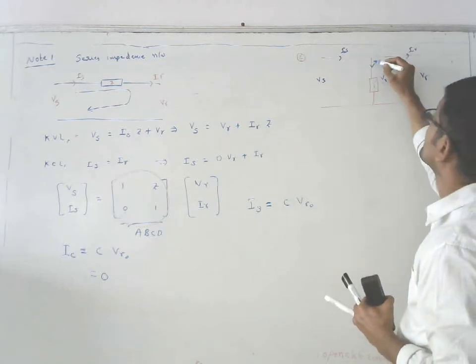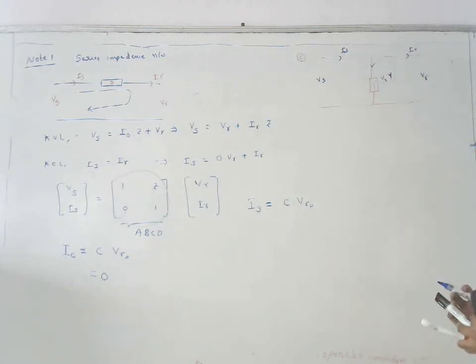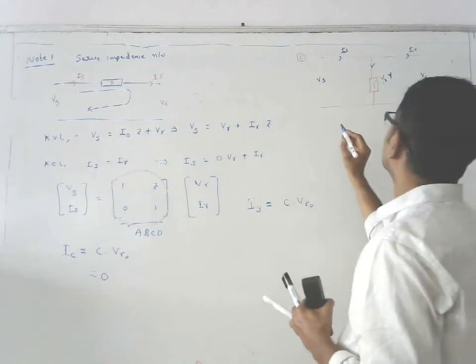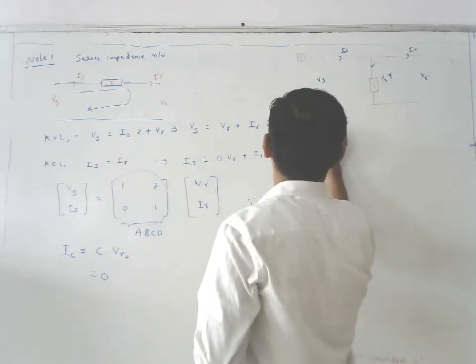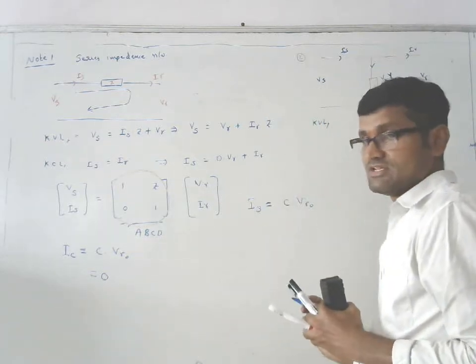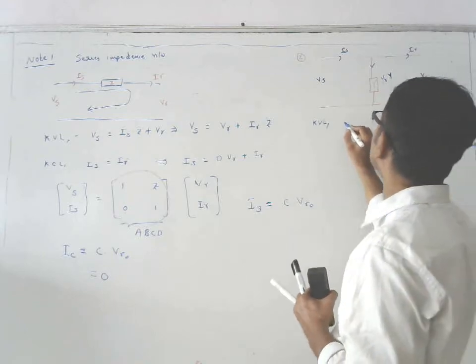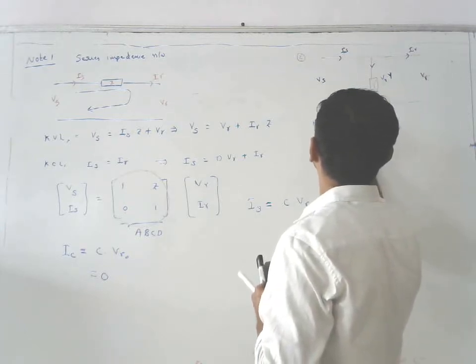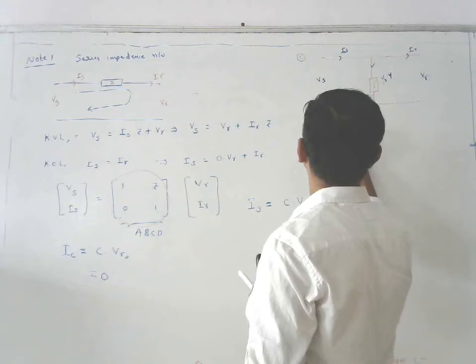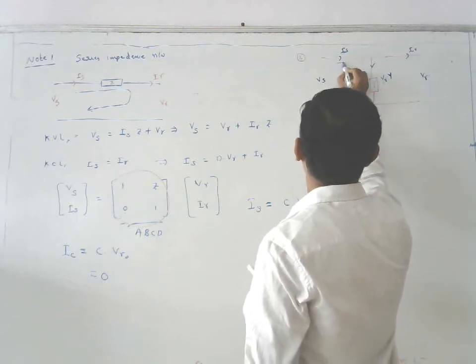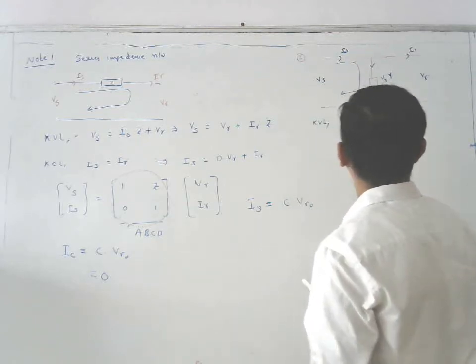Now, to this, I have to define ABCD parameters for the shunt model. If I write the KVL equation, Vs is equal to, with only one element, how much voltage is existing here?